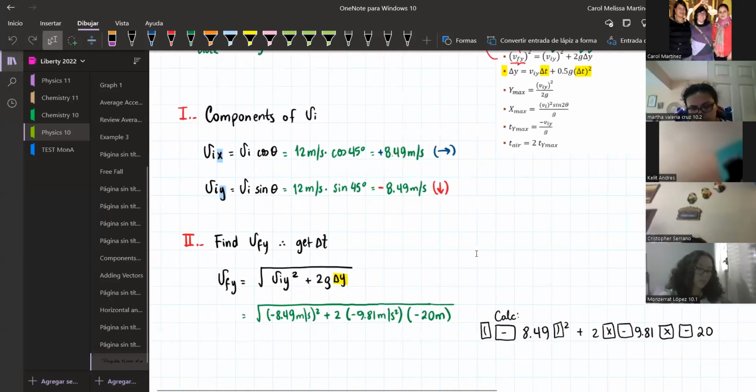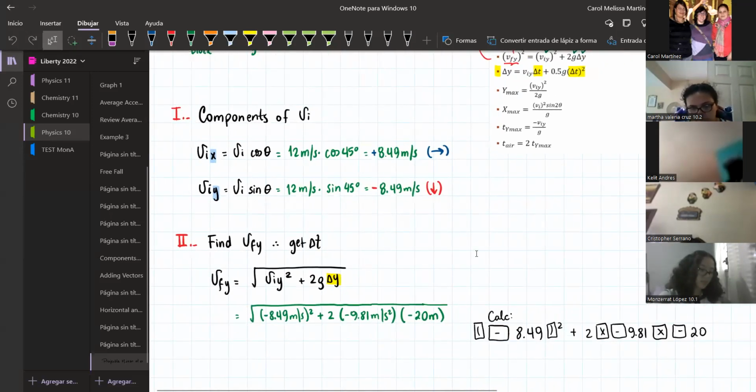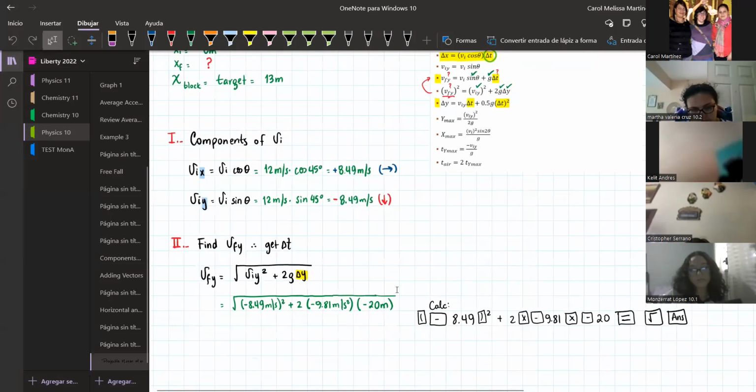Once you have your answer, press the equal key, and then you will press square root of the key that says ans. This you will do in your calculator.